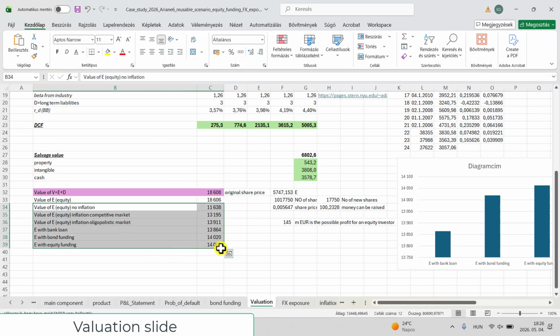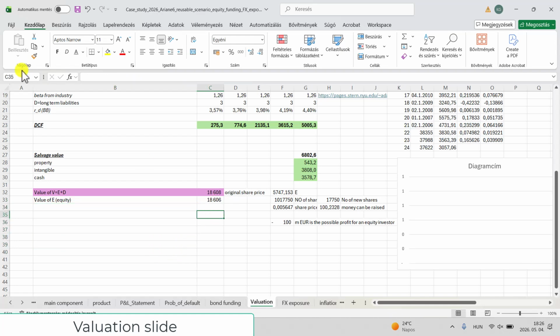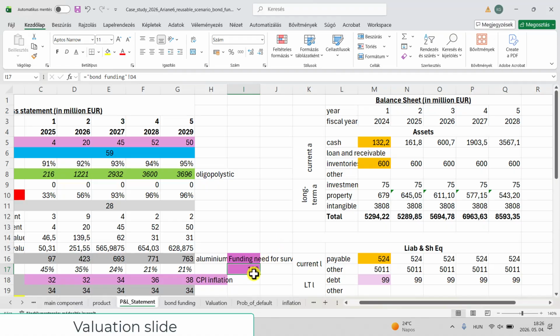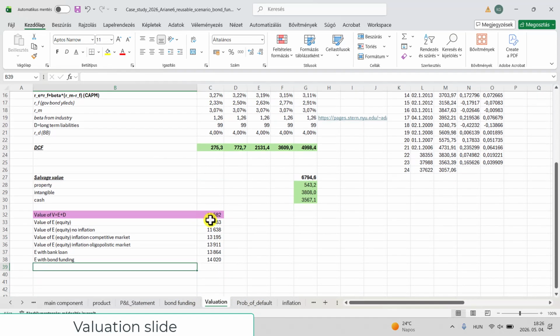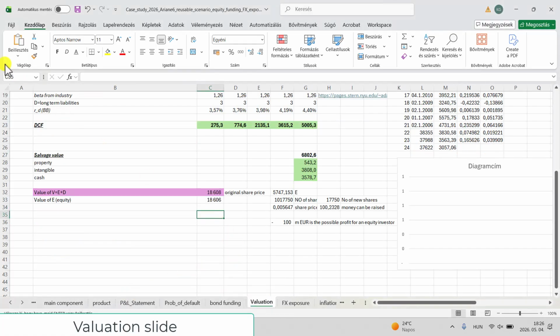Let's say we don't want to have any kind of problem. So from bond, we are just picking up. These are the live numbers actually calculated.